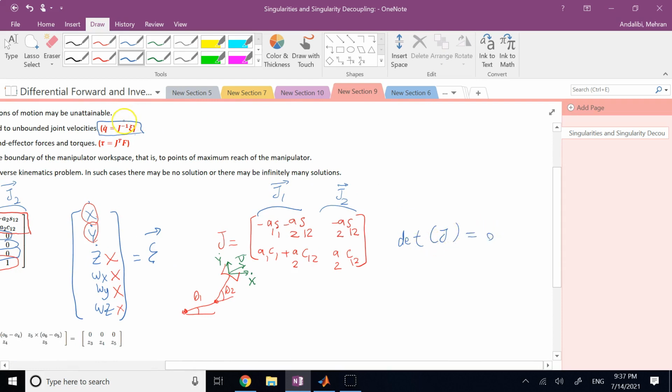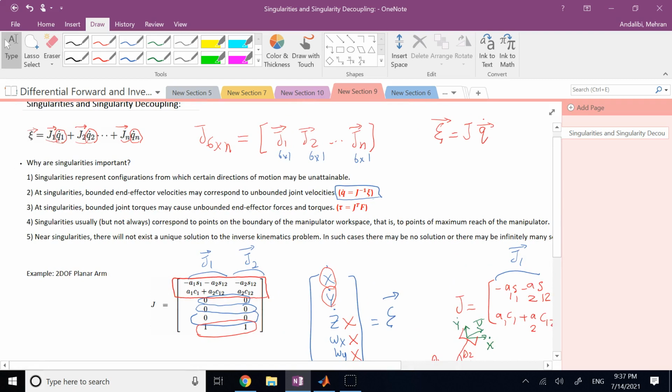If that's the case, this J inverse does not exist, and that means I probably would not be able to find any unique solution for q dots, okay? Or it means if I have my q dots, I will not be able to get any arbitrary zeta, okay?